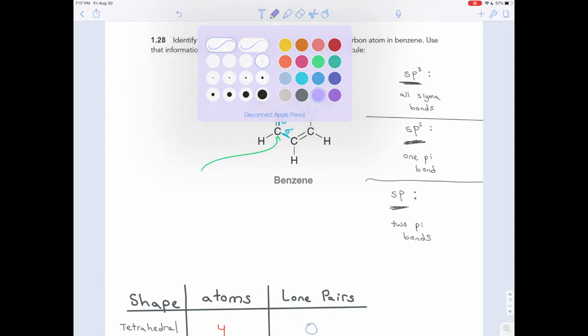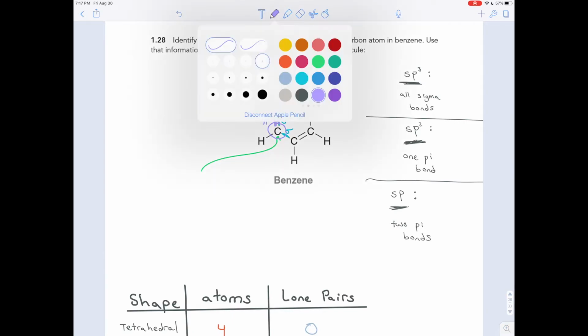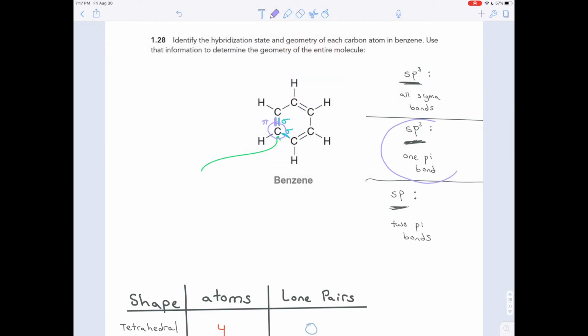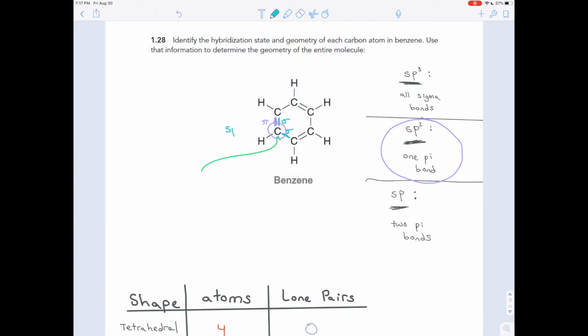Every bond after the first bond is a pi bond, so here we've got one pi bond. Around this carbon there is just one pi bond, the purple one that we drew. And so if you have just one pi bond, the atom is sp2 hybridized. So that carbon would be sp2 hybridized.